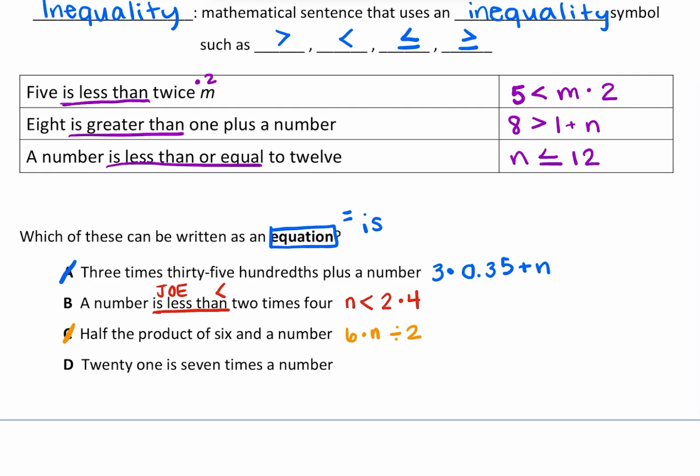D, 21 is, and it's followed by a number, 7 times a number. So 21 is 7 times a number. So that one has our is, and it is by itself, so our answer would be D. And that's how you're going to see this tested.